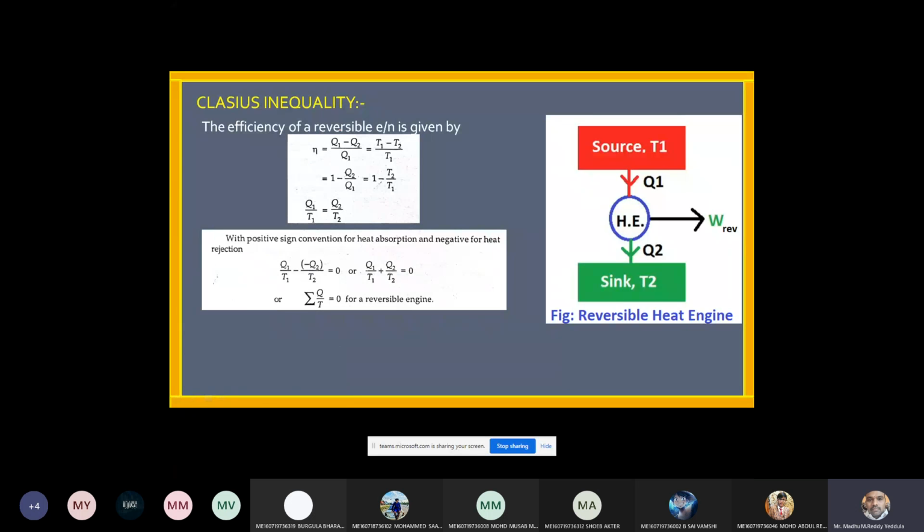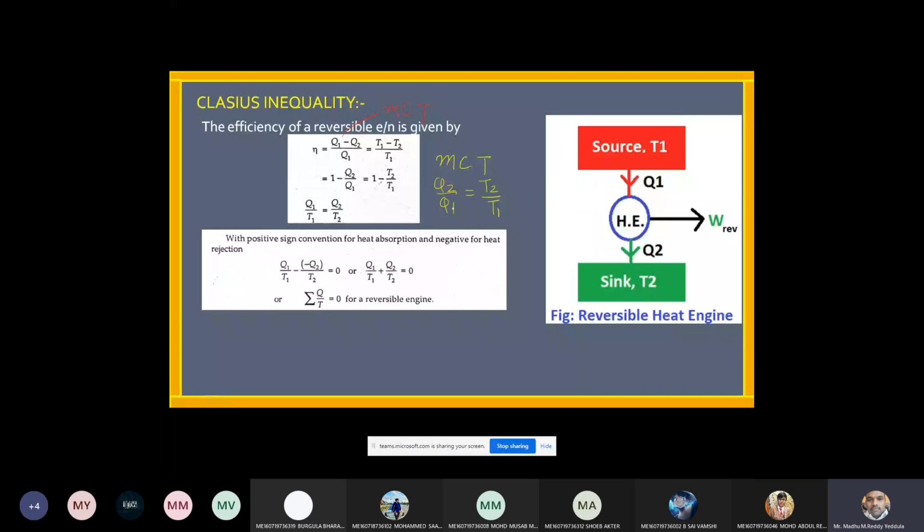The efficiency of a reversible engine is given by (Q1 minus Q2) by Q1, where Q can be written as m c T. So efficiency equals m c T1 minus m c T2, and we already proved that this is equal to 1 minus T2 by T1. If we equate these two, I can write Q2 by Q1 is equal to T2 by T1.